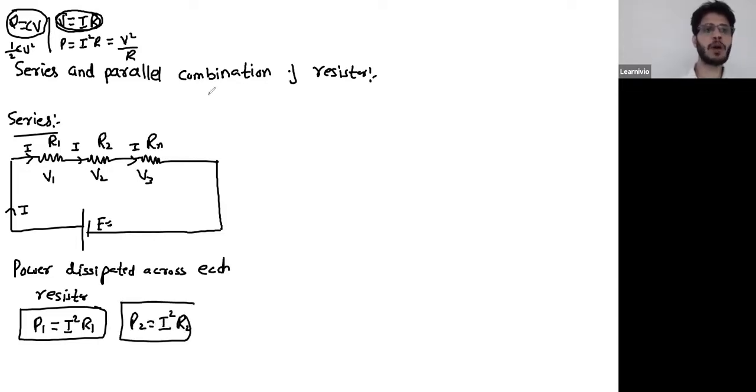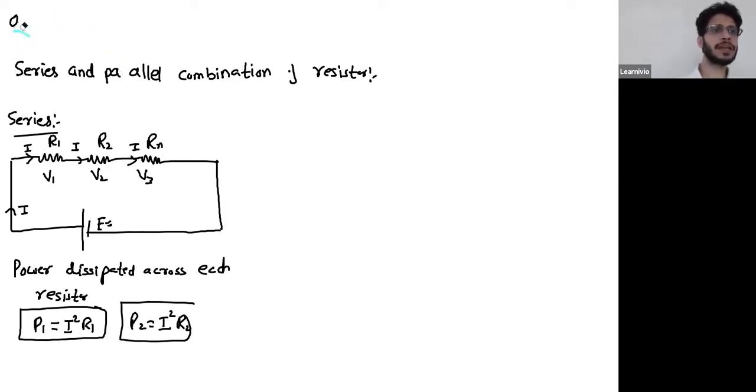See, what is power? Power is just energy by time. If I'm calculating power, that means I'm calculating energy. Power is energy divided by time. So what happens in a resistor? When current passes through a resistor, it gets heated up. It's very common in electrical devices. When you pass current through an electrical device, after some time it gets heated up.